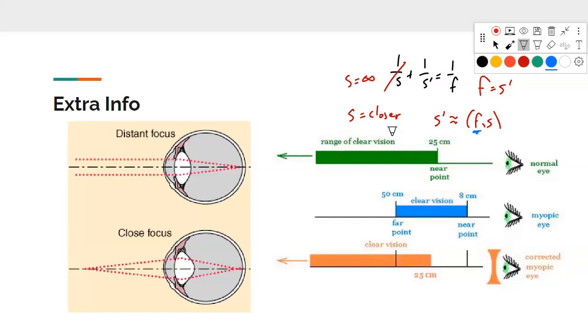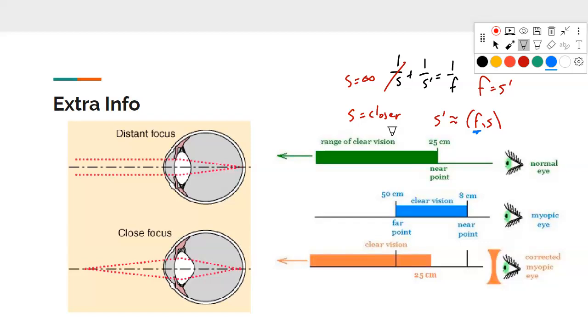And so in people who have some vision problem, for example, I have myopia. So for me without glasses, this far point is significantly closer. So my eye can adjust its focal length, but even when it's totally relaxed, the light that comes in and forms an image at the back of the eyeball is significantly closer, only 50 centimeters away.